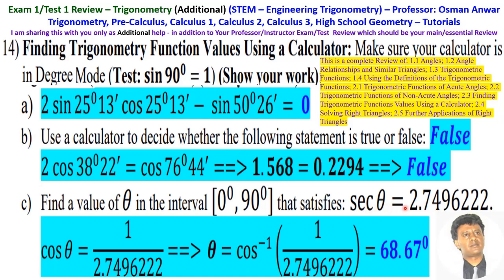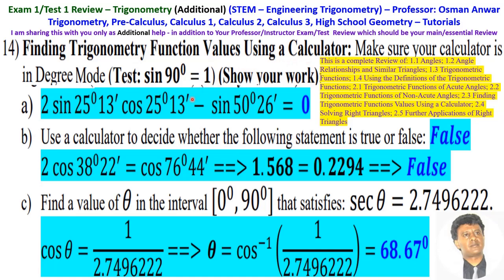Cosine theta is 1 over this. So cosine theta is 1 over 2.7496222. That means theta is cosine inverse 1 over 2.7496222. Then if you put this in the calculator, you will get 68.67 degree. So this whole number 14 is finding the value using a calculator.